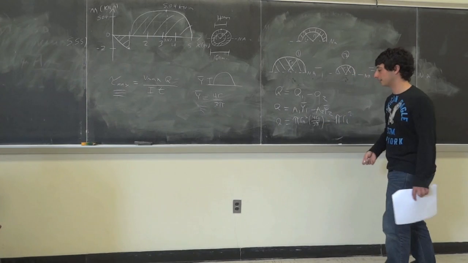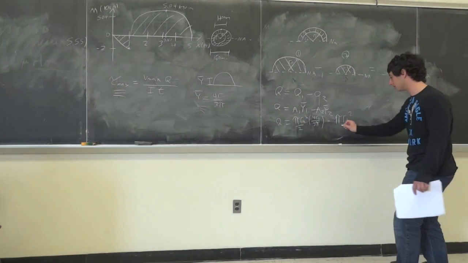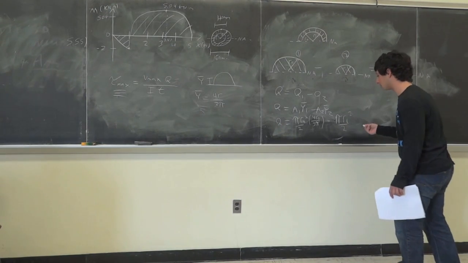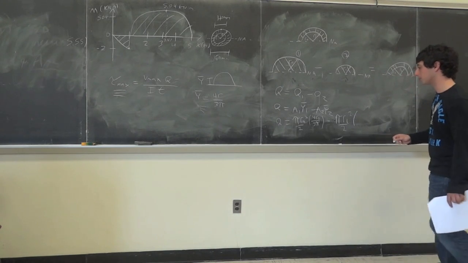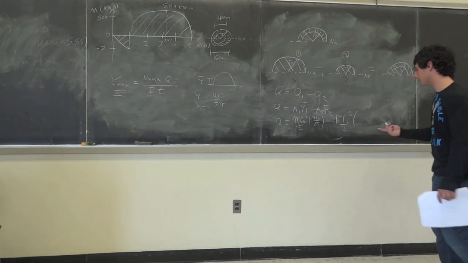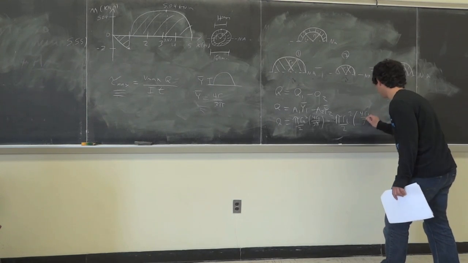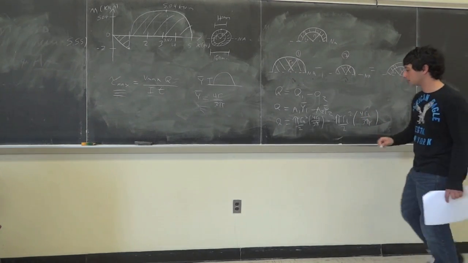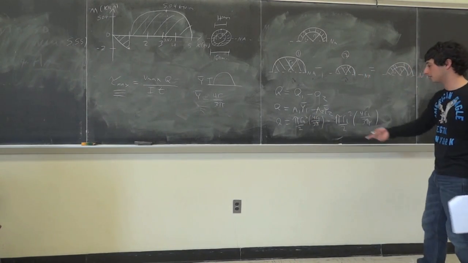And what did I forget? This is a semicircle, so this is over 2, right? Why didn't anyone correct me? Okay, and this is being multiplied by 4 Ri over 3 pi, right? So you know the pi's cancel, the 2 and the 4, you get 2 on top.